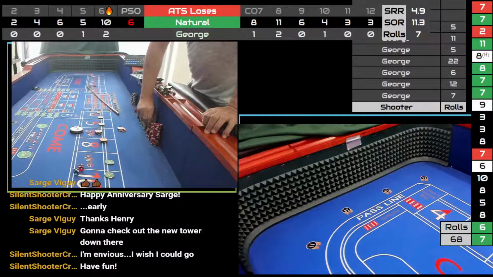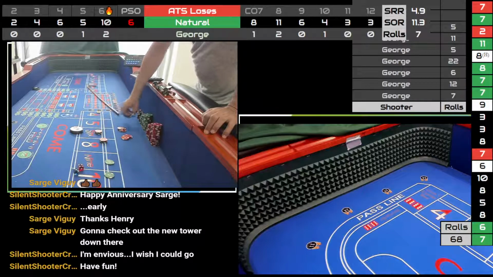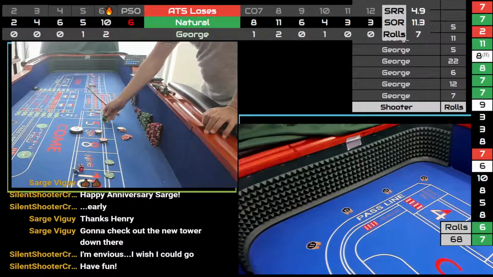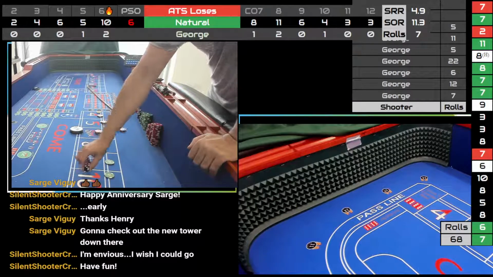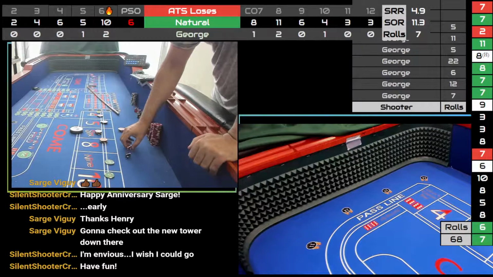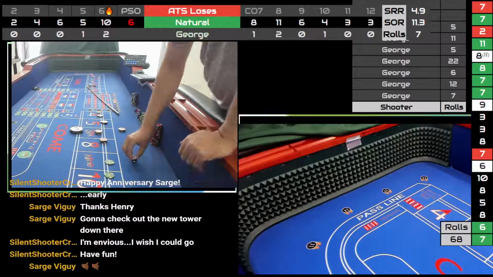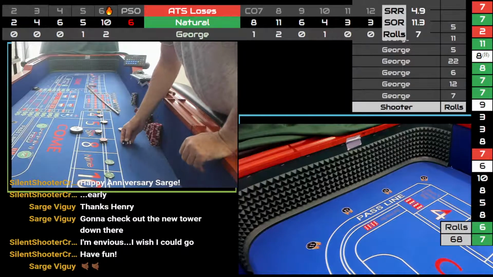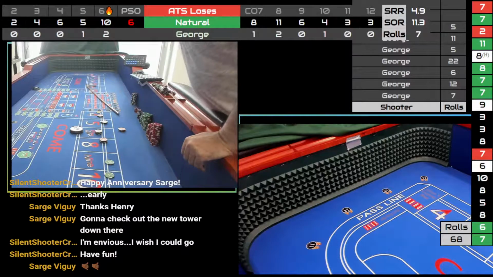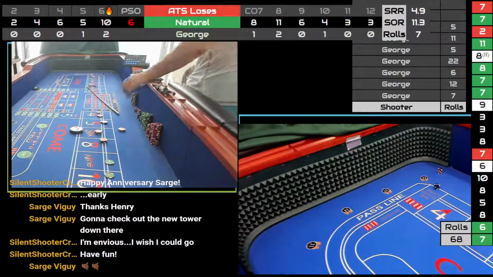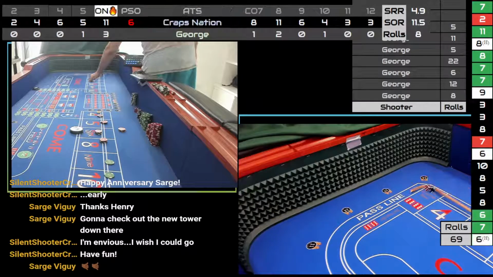So it pays 15, but I lose this 2. Two, 3, 6. Changing now. Reset. Card 6. Primary.